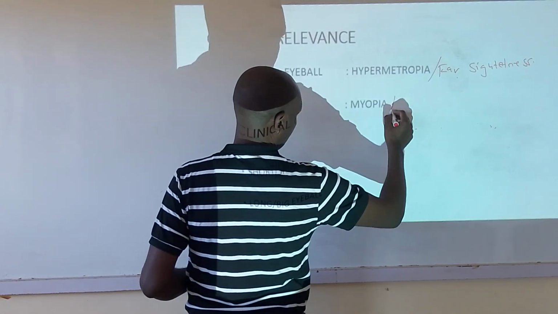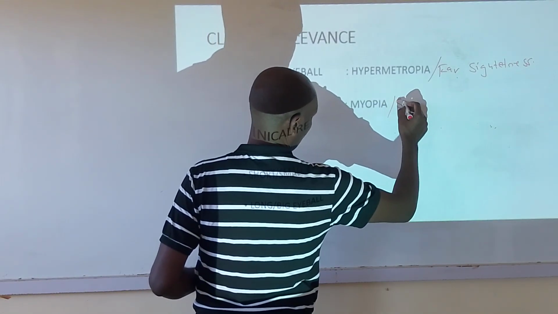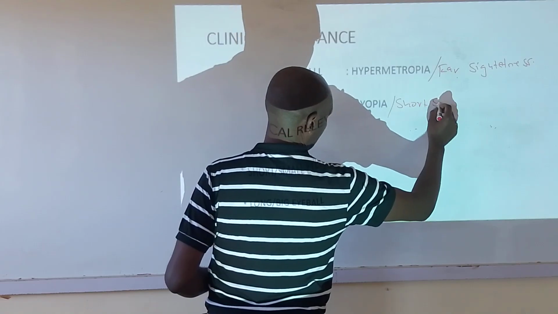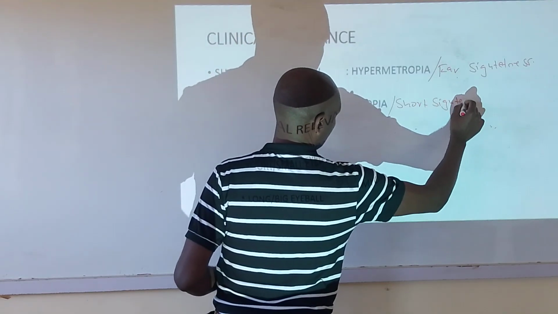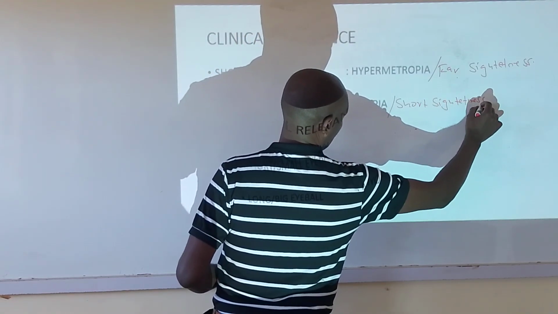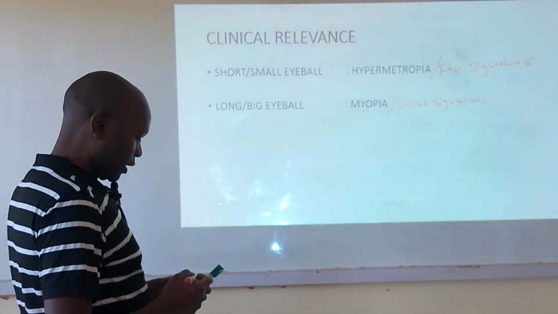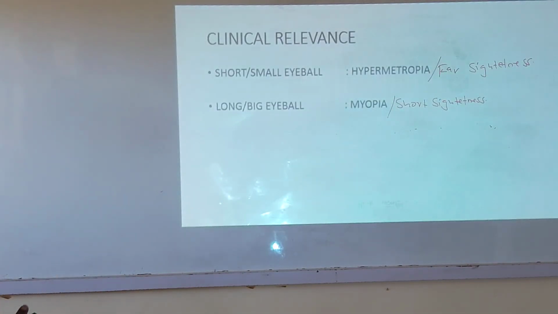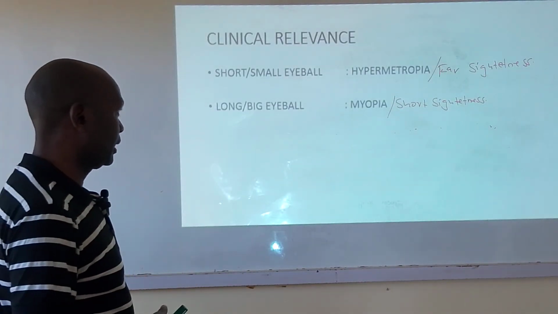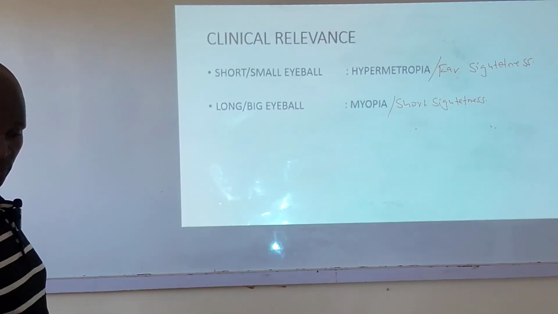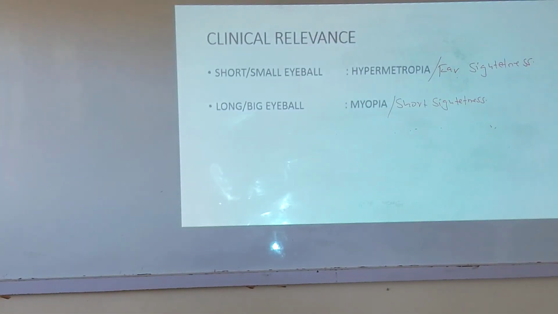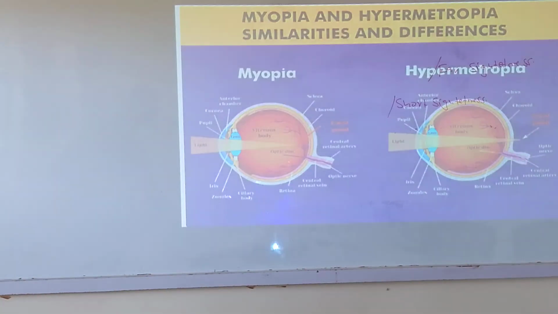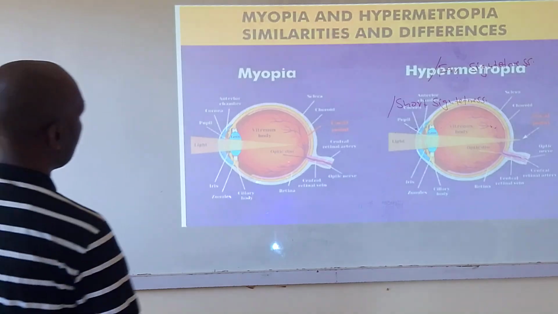And myopia, we say this is short-sightedness. These are people who can see objects that are near clearly compared to objects that are farther away. We had mentioned about it, and this is the illustration.